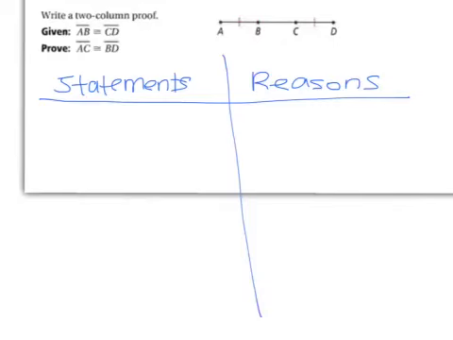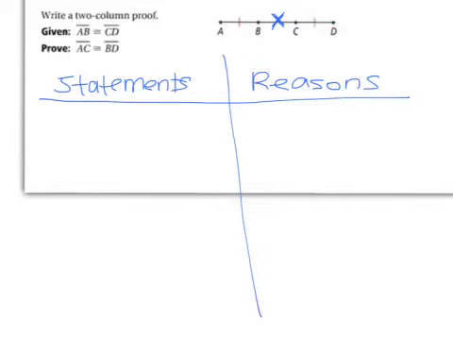So we want a game plan to prove that AC is congruent to BD. Well, we know that AB is congruent to CD, and using the reflexive property, we can show that BC is congruent to itself.